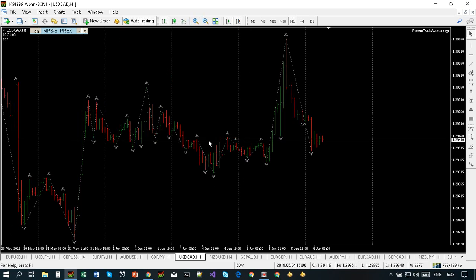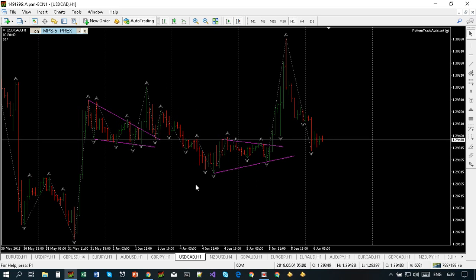It will show you the majority of these patterns, consolidation patterns, wedges, breakout patterns, triangles, whatever. So the fractals are very good in identifying these.